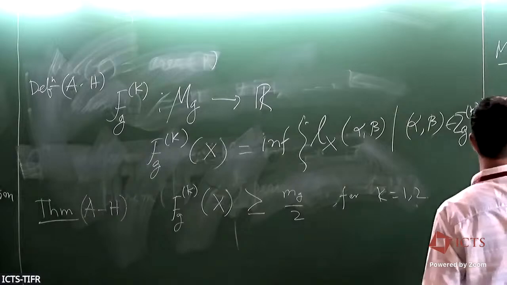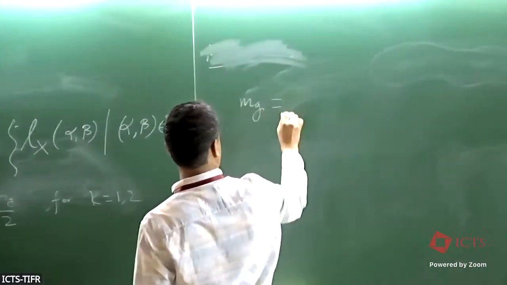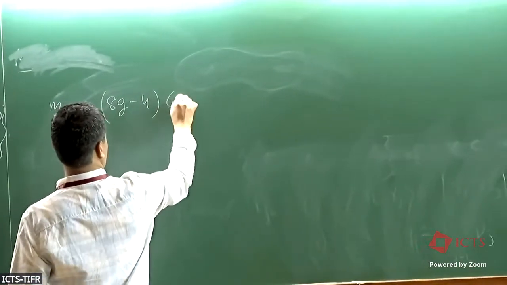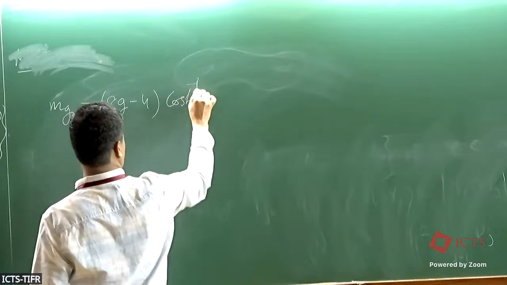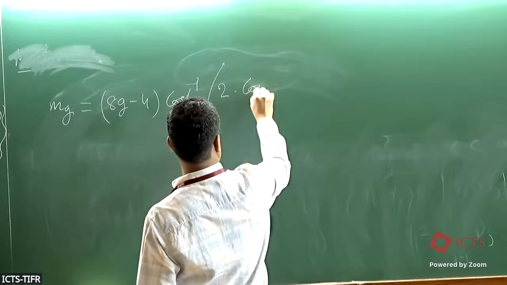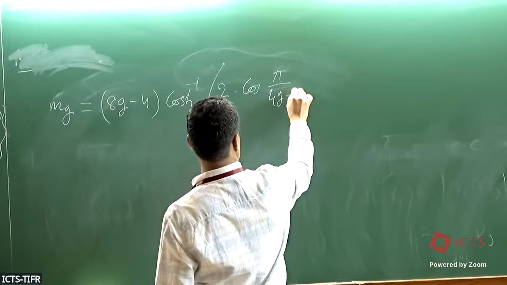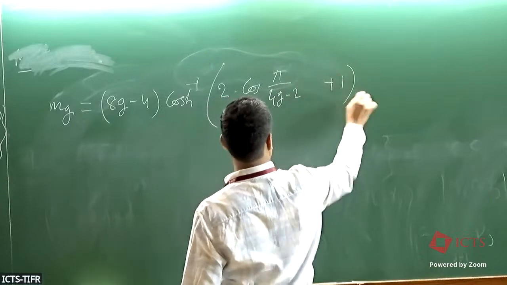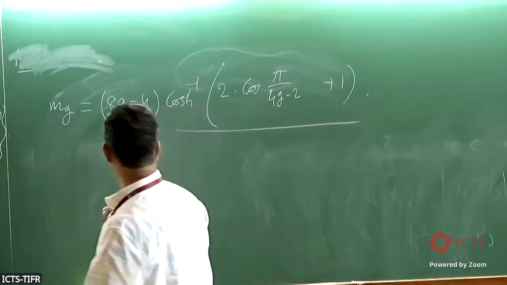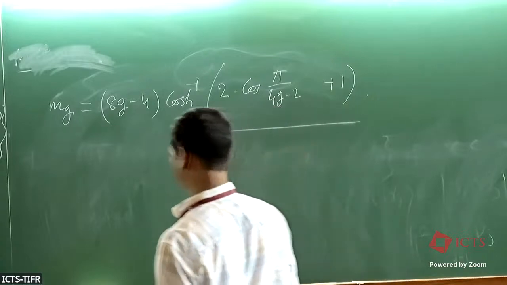Here m_g is equal to (8g-4) times cosh inverse of (2 cos(pi/(4g-2)) + 1). So this is basically the side length of a right-angled regular (8g-4)-gon.